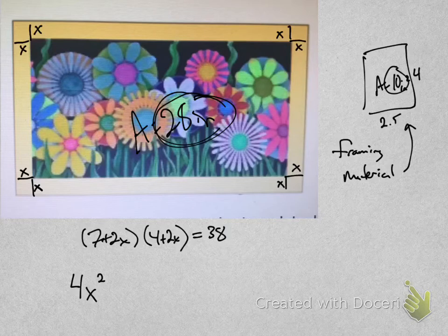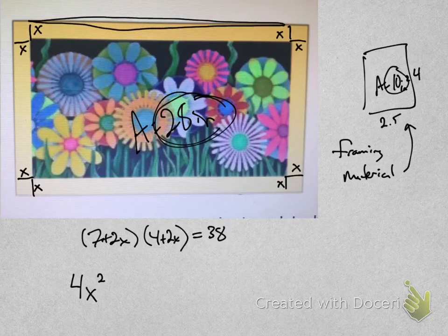So this rectangle, not a square, this rectangle up top here, well, you can't see that. This dimension is what? 7 by x means that this is 7x, and this is 7x. This one over here, this dimension is what? 4. Yeah, 4 by x, so 4x.